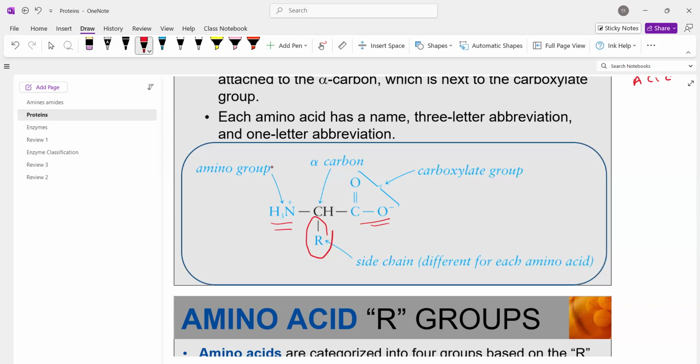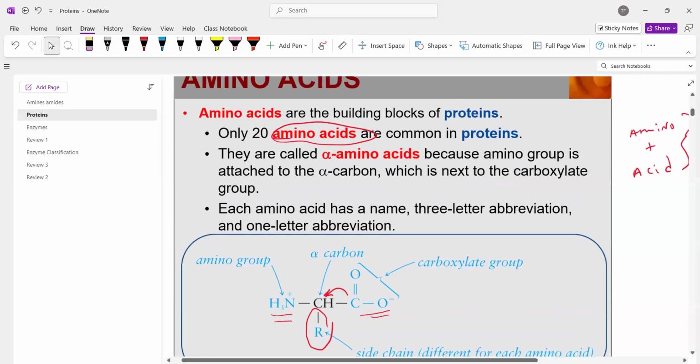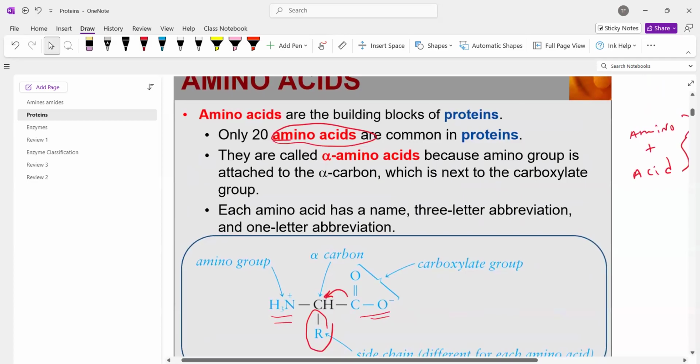Because that is one over, they call that the alpha carbon. But there are also beta, gamma, etc., amino acids as well. The ones we're going to be focusing on for this unit are the alpha carbon amino acids. And that's the 20 amino acids that make up 99.9% of the proteins.